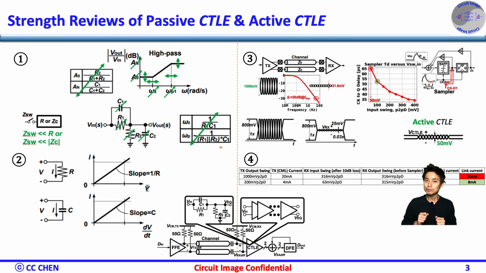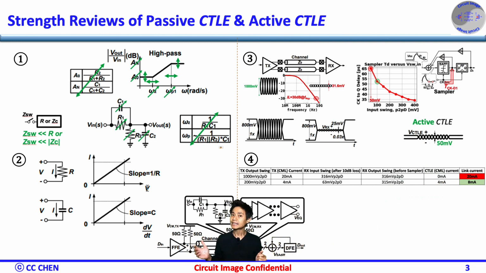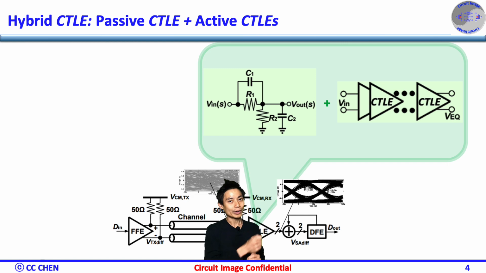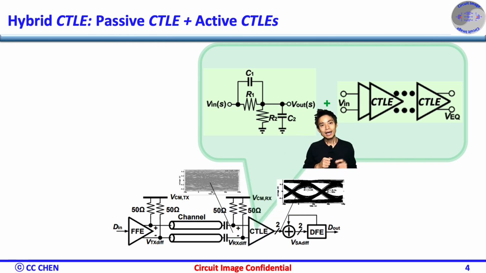From those strength images, do we have any idea how to combine both CTLEs together? Think about the tolerance images of the input impairments for 5 seconds. Great. The passive CTLE has a high tolerance for the input swing and impairments of the input common mode voltage. In addition, the sampler's input sensitivity and SNR can still be enhanced even though the active CTLE is not at the first stage.